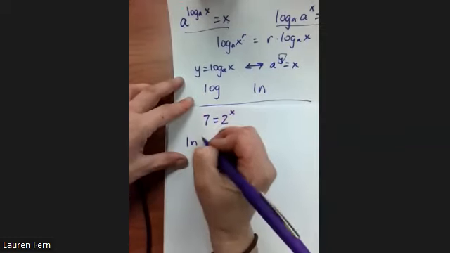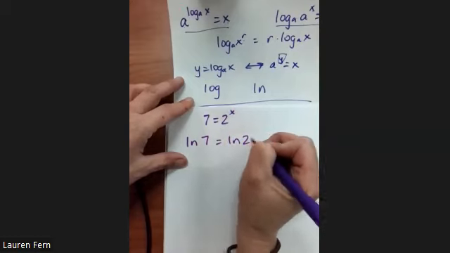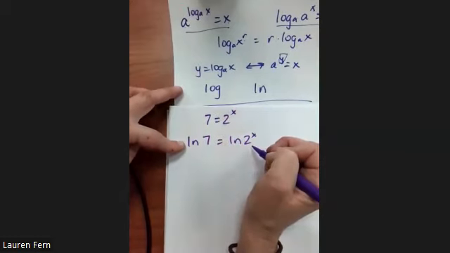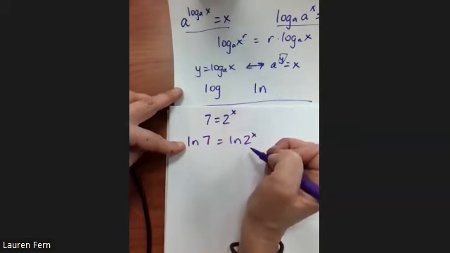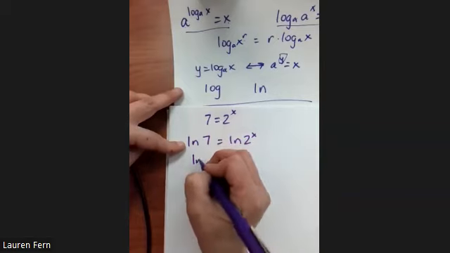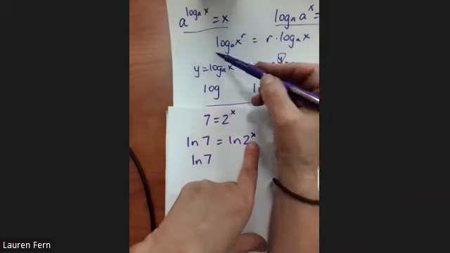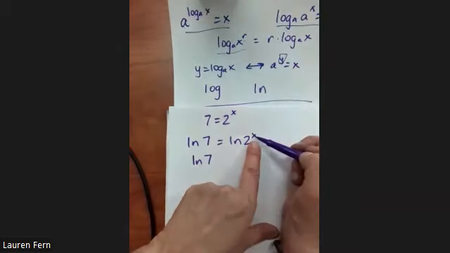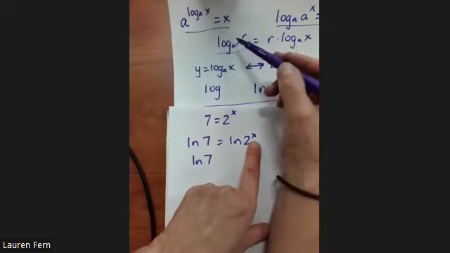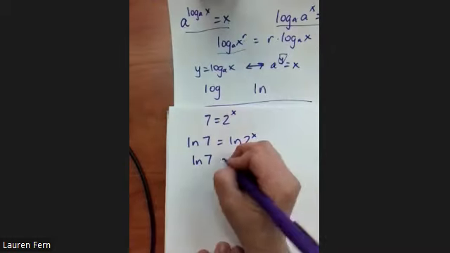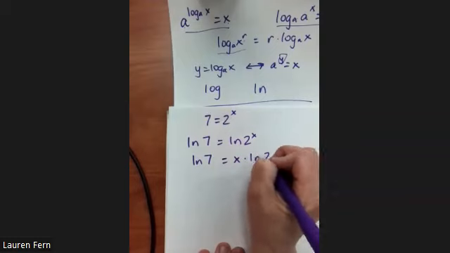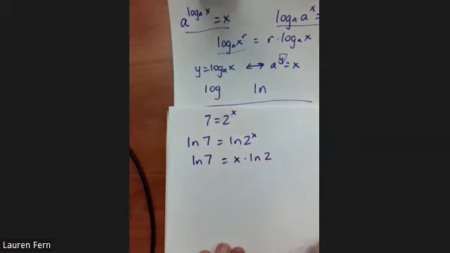I'll take the natural log. If we have equality, I can certainly take the log of both sides and maintain equality. Well, this is some number. Using this property here, what can I do to my exponent? Bring it down in front. We've released it.